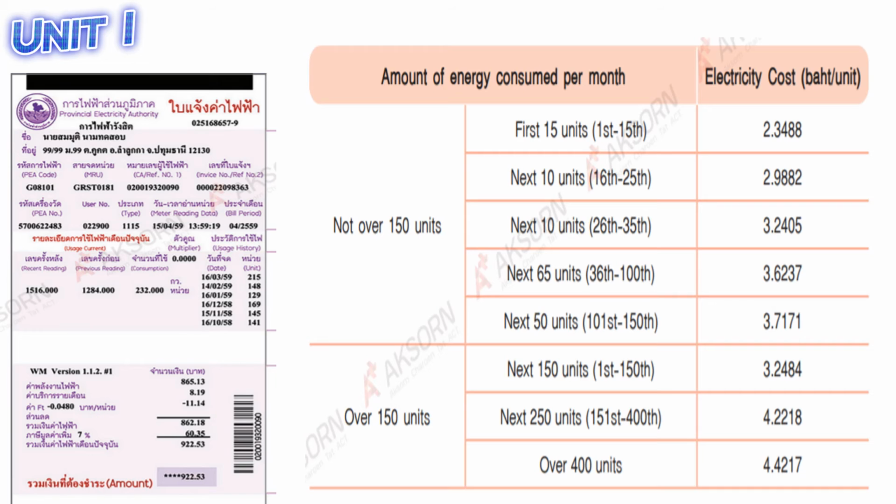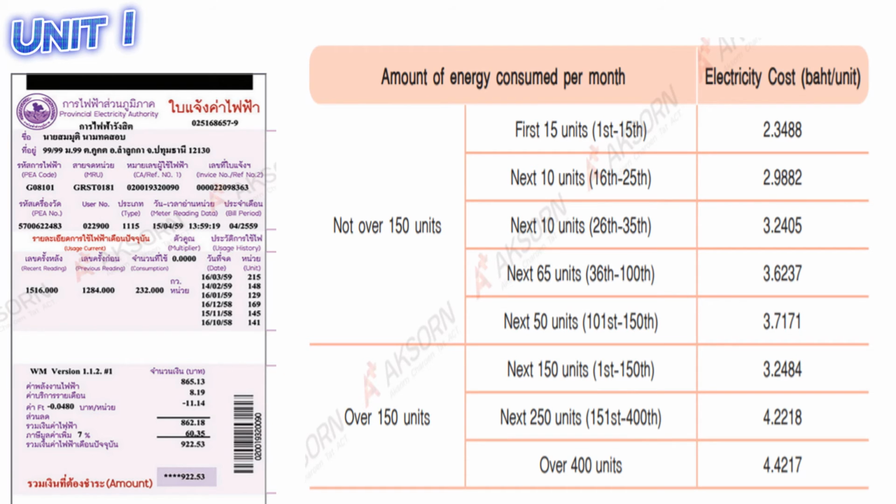Okay, so now let's use your electric bill on page 49 of your science book. So our given values here are your base tariff, your service charge, your FT charge, and then your VAT. We will try to compute it, and let's try our best to make it as close as possible to this one. So we are going to use this table to compute the values here.